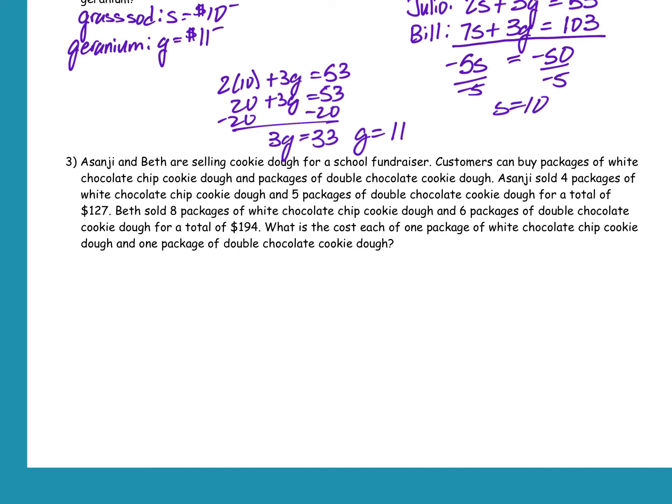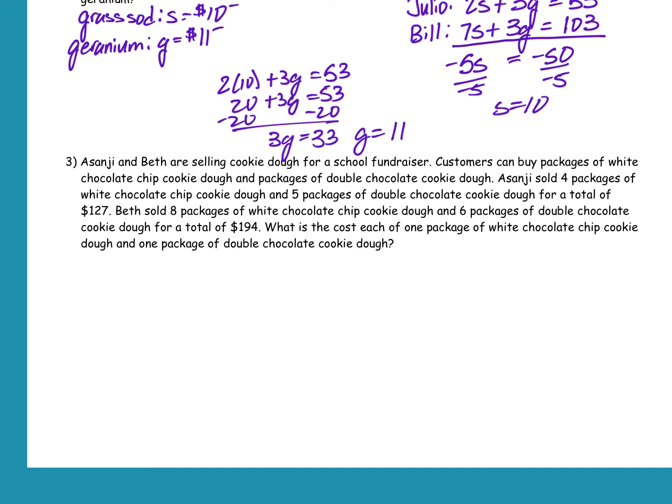Asanji sold 4 packages of white chocolate chip and 5 packages of double chocolate for a total of $127. Beth sold 8 packages of white chocolate chip and 6 packages of double chocolate for a total of $194. What is the cost of 1 package of each? There's too many cookie doughs in that sentence.